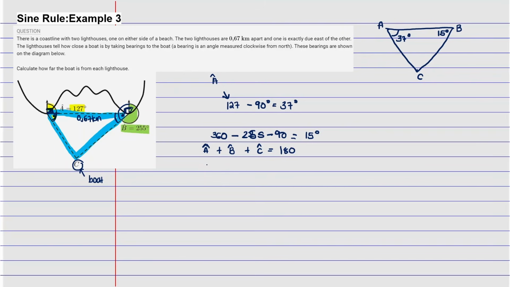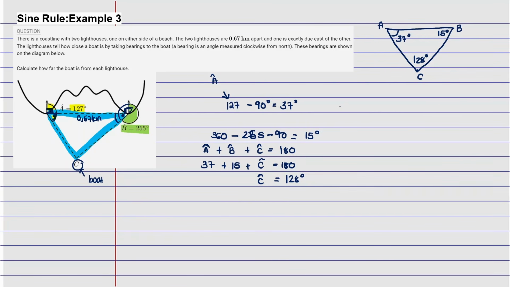We know this is 37, this is 15, and we're looking for C. Take it to the other side. It's going to be 180 minus 37 minus 15, which is going to give us 128 degrees. So this is going to be 128 degrees. We're done with this triangle.